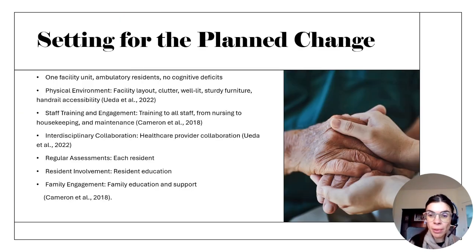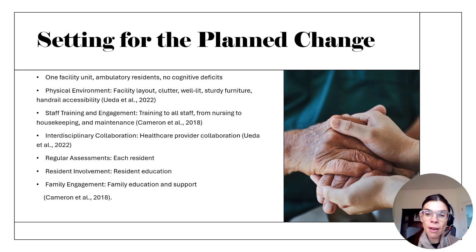The setting for the planned change will take place in one unit of the long term care facility. This way, we ensure there's adequate staff and observation for this project to take place. We want to implement a comprehensive fall prevention program that requires careful consideration of the environment, the staff, and its residents.